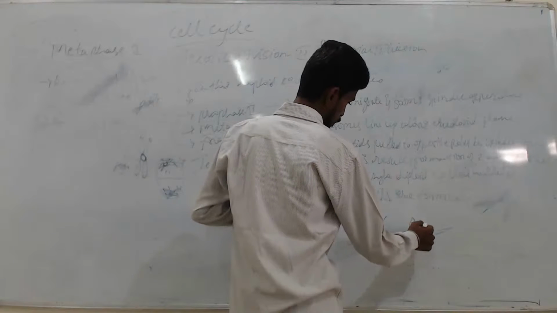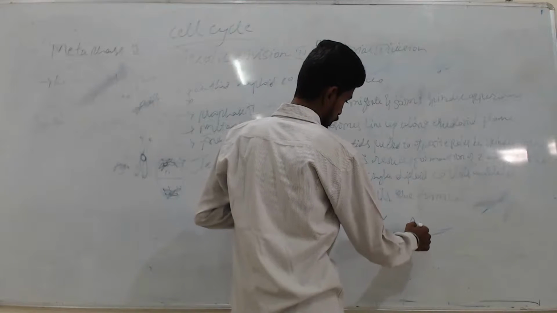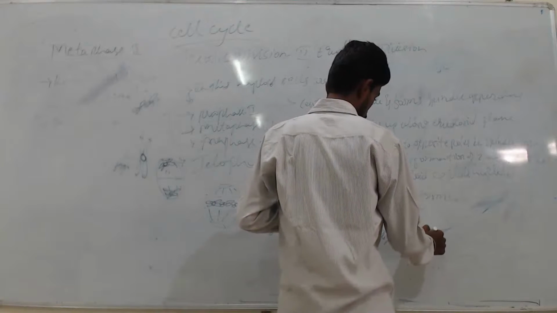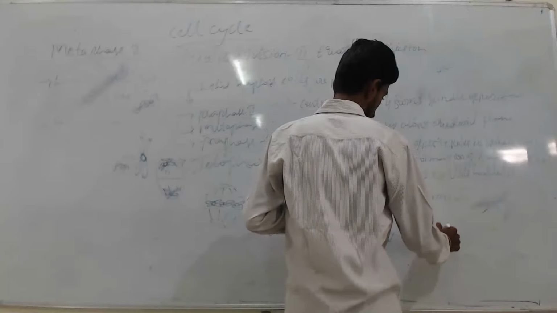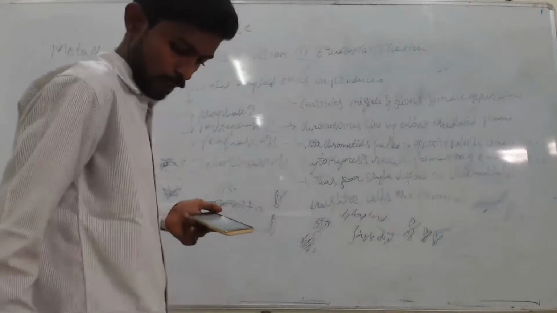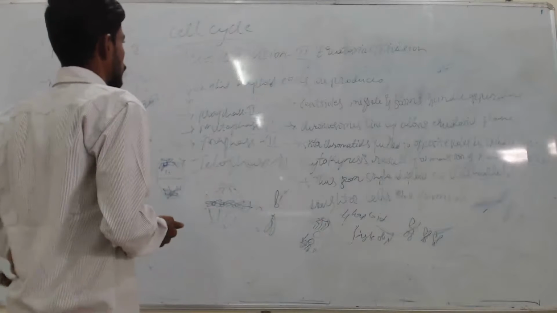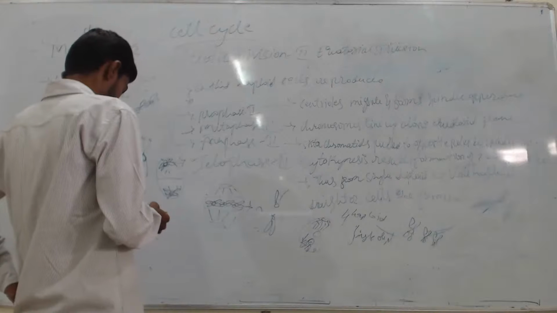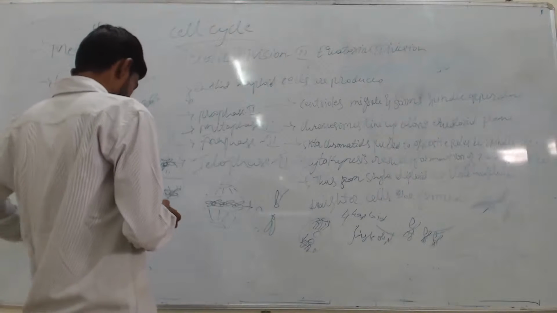And these are the four phases of meiotic cell division 2: prophase 2, metaphase 2, anaphase 2, and telophase 2.